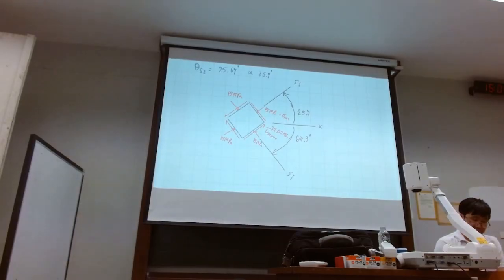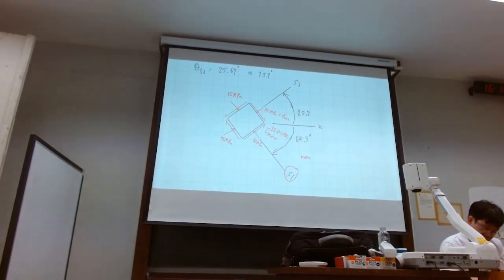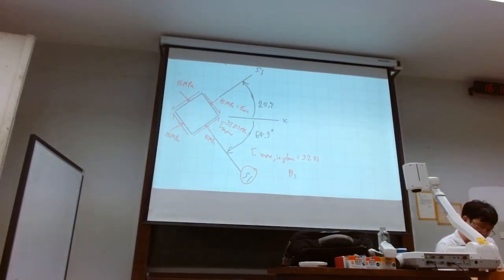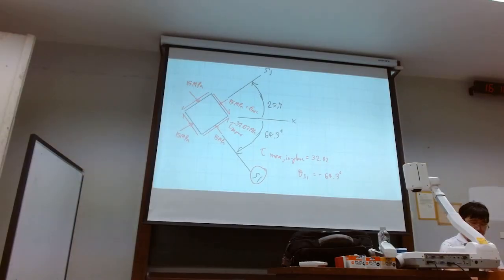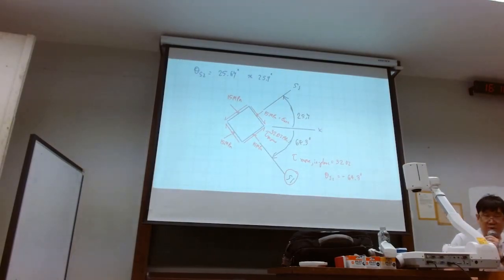Okay. So this is the maximum in-plane shear, which is this one, tau max in plane equal to 32.02, and according to that, theta S1 is minus 64.3 degrees to answer that question.